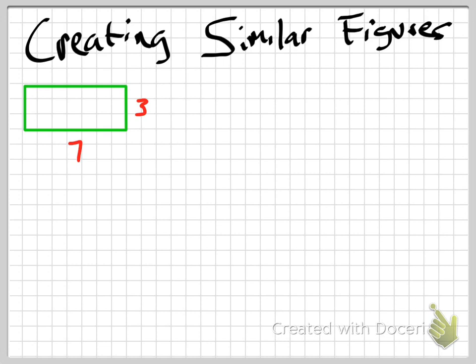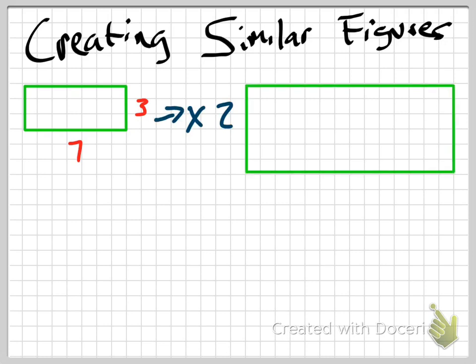Well, if I wanted to create a similar figure, I need to remember that similar figures have been multiplied by a common ratio. So I could do an example where I multiply by 2. And we know already that that is going to be a bigger example because 2 is greater than 1. Multiplying by greater than 1 makes our shape bigger.